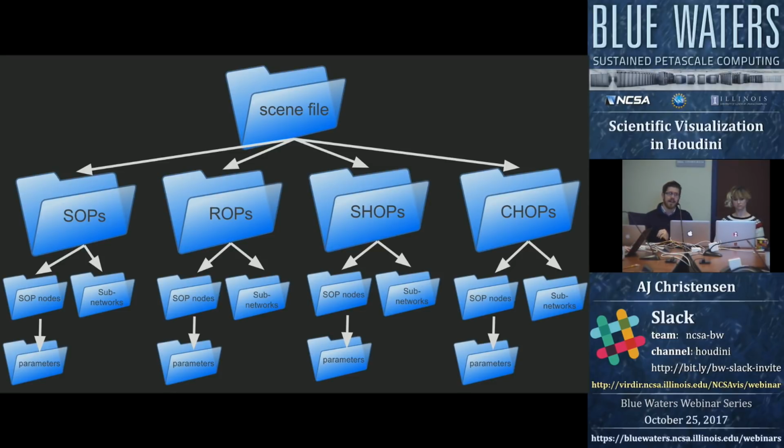And then I also included these subnetwork folders, which are essentially just deeper hierarchies of SOP nodes. So you can have a SOP subnetwork inside the SOP context and then put SOP nodes in that subnetwork. Or you can put a subnetwork inside a subnetwork. And eventually, you end up with a very deep hierarchy of these folders.